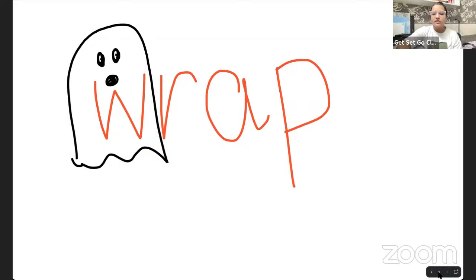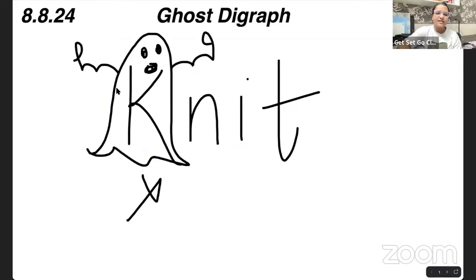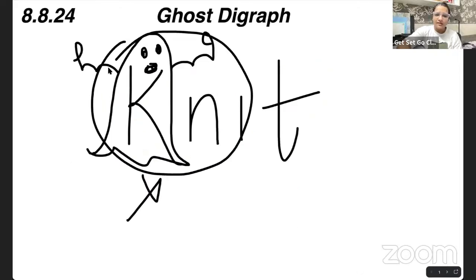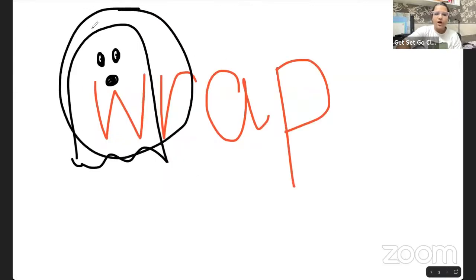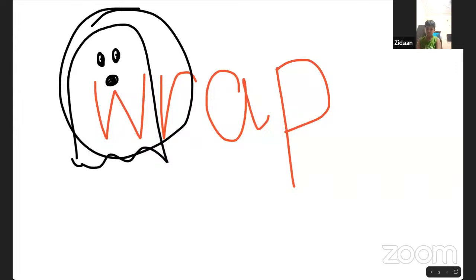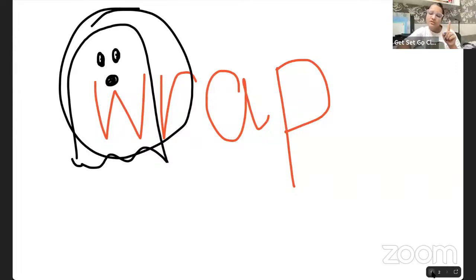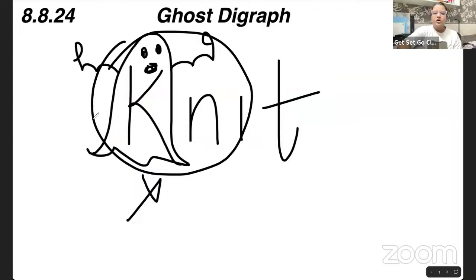Okay, so let's write down which two digraphs, like here, KN, and in this word, WR. All right. So these both are ghost digraphs because one of the letters is like a ghost which remains silent, we can't hear that. All right.